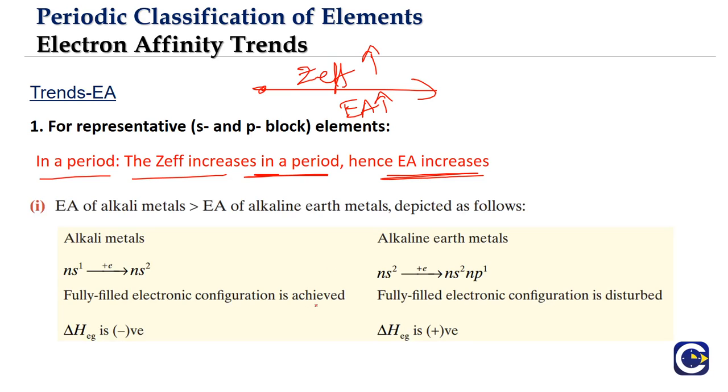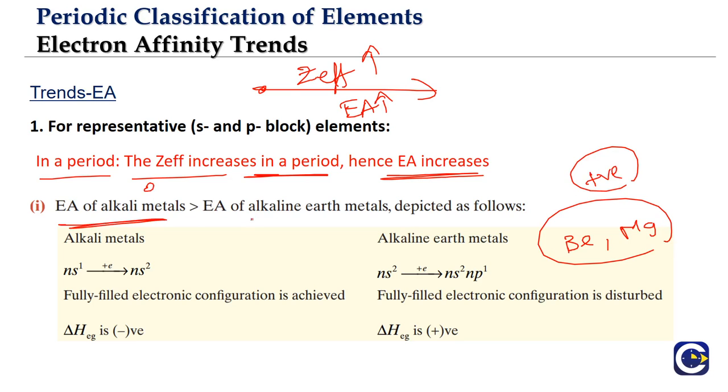if you are talking about the electron affinity of alkali metals and alkaline earth metals, we even talked about a very peculiar exception, beryllium and magnesium. They will not have negative electron affinity, but in fact positive electron affinity. So why is the electron affinity of alkali metals more than that of alkaline earth metals?